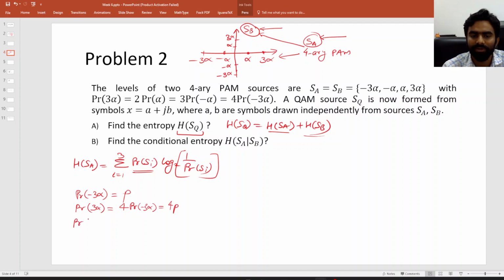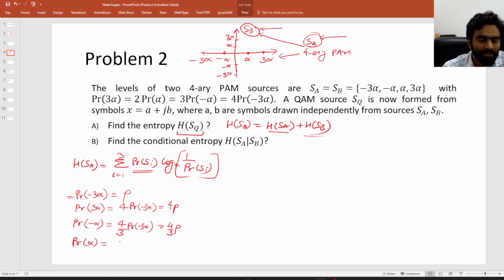Similarly, what is the probability of minus alpha? That is in terms of the probability of minus 3 alpha, that is 4 by 3 times the probability of minus 3 alpha, because we have assumed only the probability of minus 3 alpha as P, that is 4 by 3 P. Now the probability of alpha, similarly.